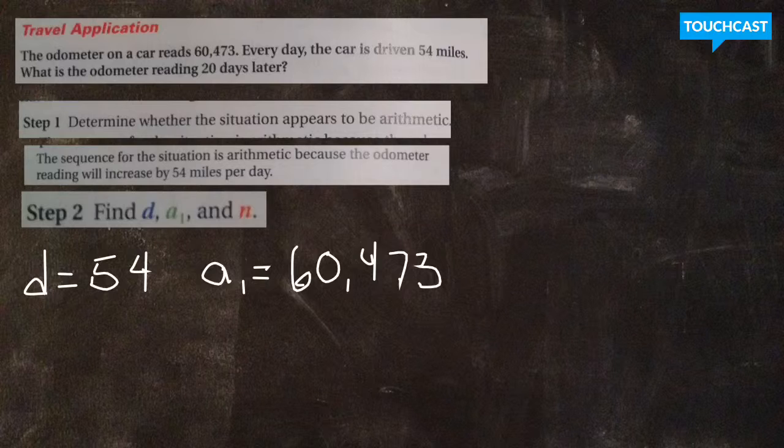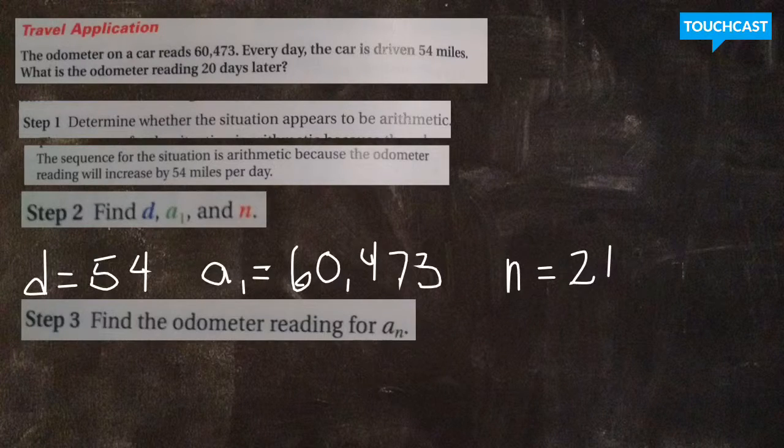And since we want to find the odometer reading 20 days later, we're actually going to need to find the 21st term, because the first term is day 1. 20 days after day 1 is 21. So n is 21.